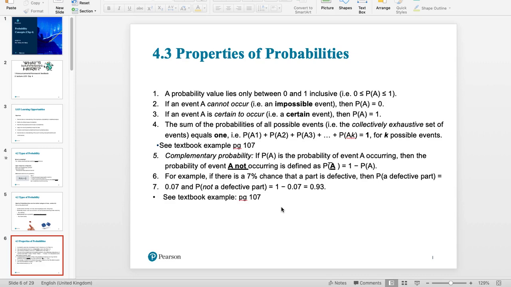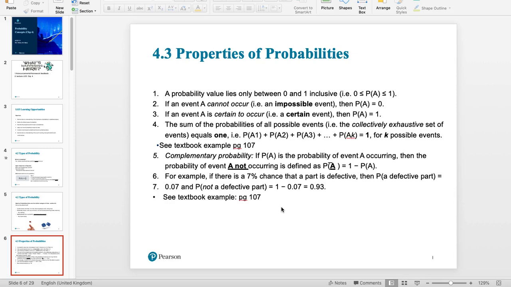If an event cannot occur, it's impossible, then the probability is 0. If an event is certain to occur, you know that it will happen, the probability is 1. And the sum of all the possible events, the collectively exhaustive set of events, will always be equal to 1.